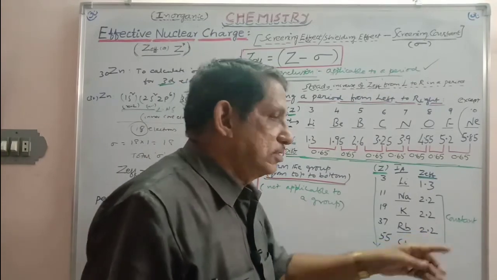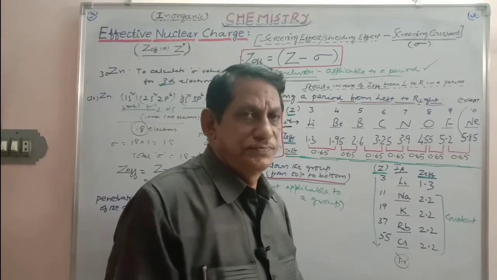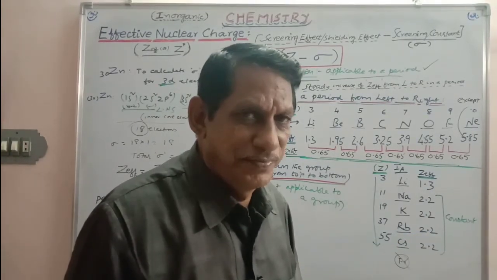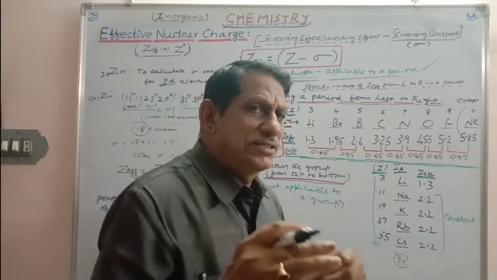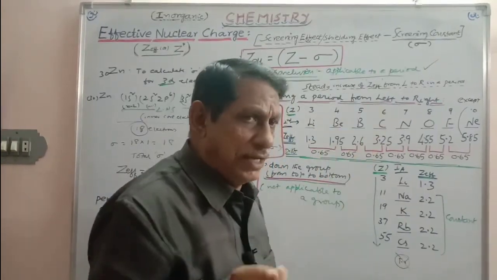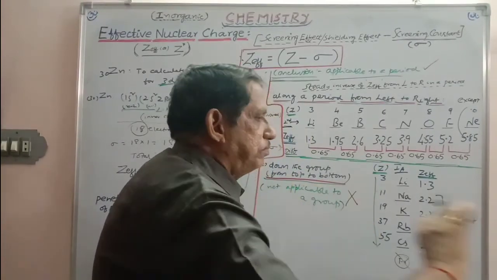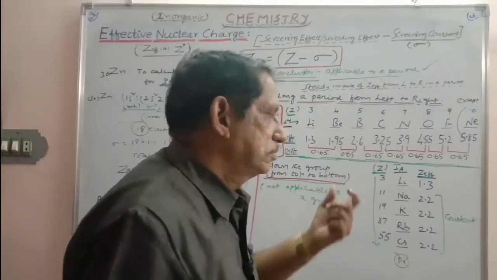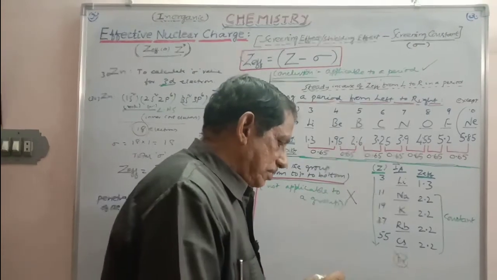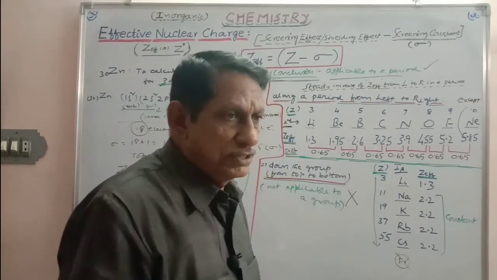But Z effective is not able to give such a response here. It is unable to explain, and so it is not always successful. Along a period it is okay. But in the case of a group, from top to bottom, it is not applicable. You need not consider Z effective to explain the periodicity of properties in a group. It is applicable only to a period, not to a group.